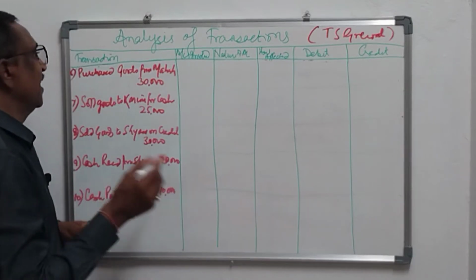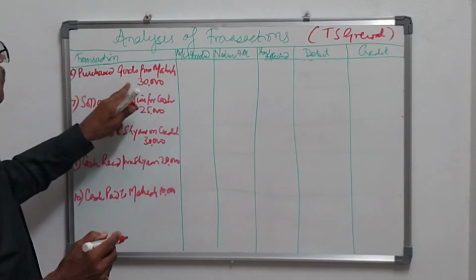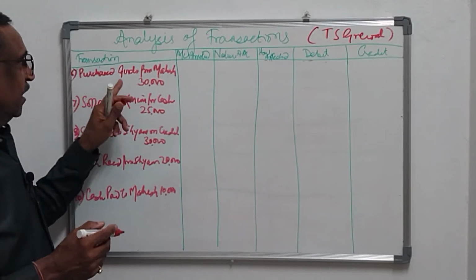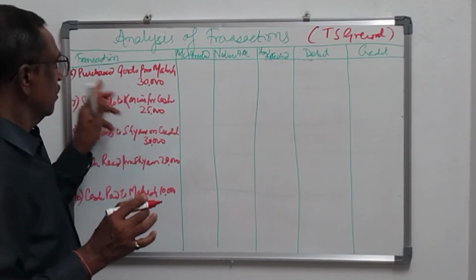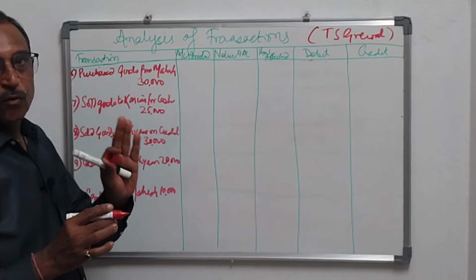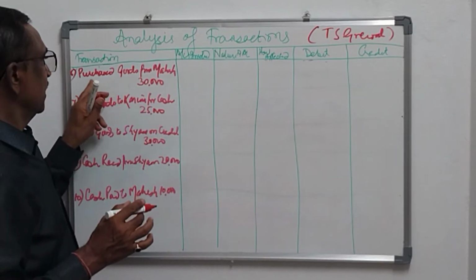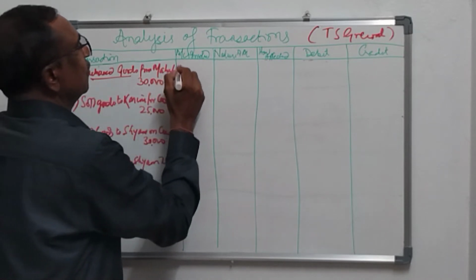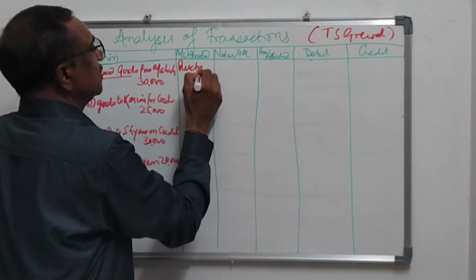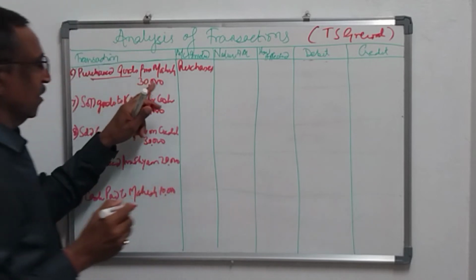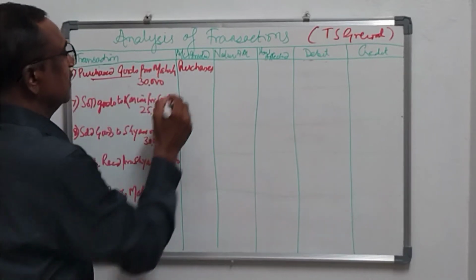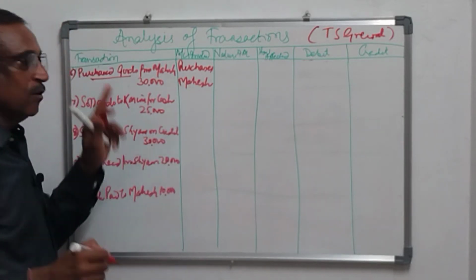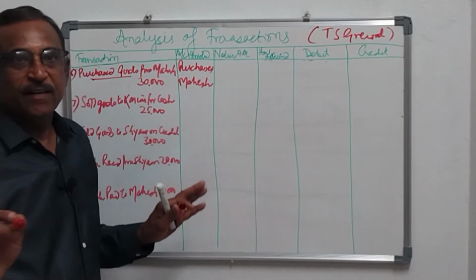Now we move on to next. Purchase goods from Mahesh 30,000. So here the cash is not involved, so we are concerned with 2 accounts, and these are purchases, because you are purchasing goods. So one account involved is purchases, and other account involved is Mahesh. Why Mahesh? Because you are purchasing goods from Mahesh and you are not paying to him.